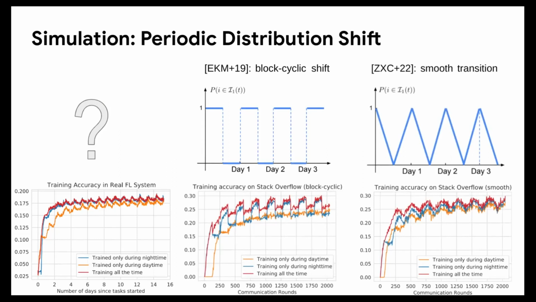If you look at the curves on the second row, by modeling this as a smooth transition, the curves are more similar to what we can observe in practice. But basically, this is what we can get from the simulation, and exactly what happened in practice is an open problem.